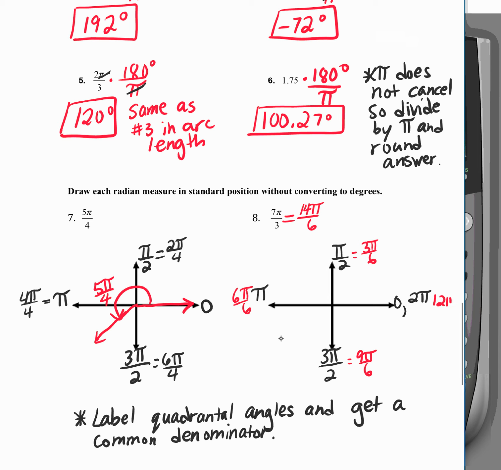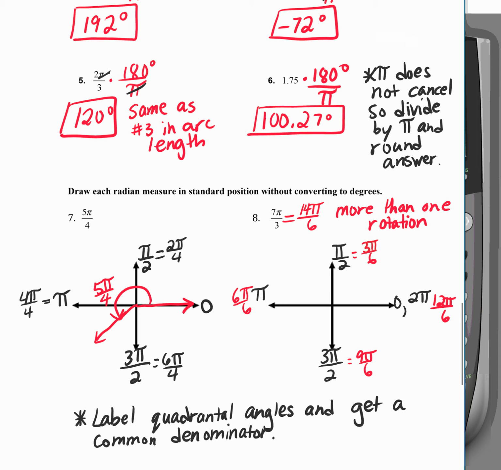Now what you'll notice, 14 pi over 6 is more than the 12 pi over 6. So this is one of those angles that's more than one rotation. If it were in degrees, it would be larger than the 360 degrees. In this case, it's larger than the 2 pi.